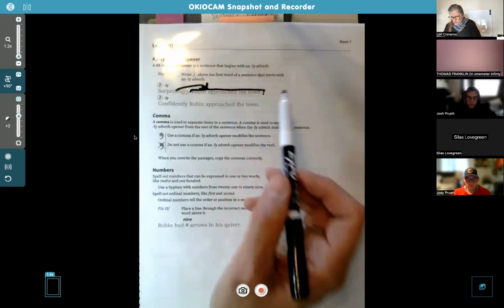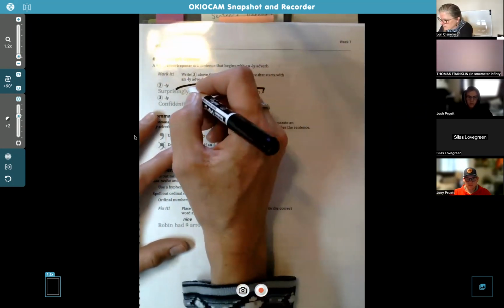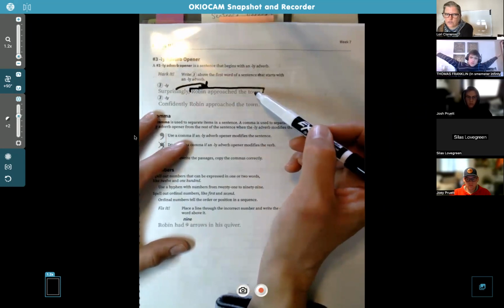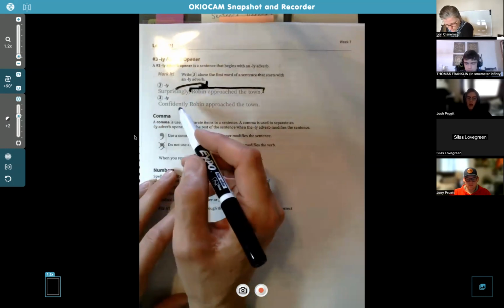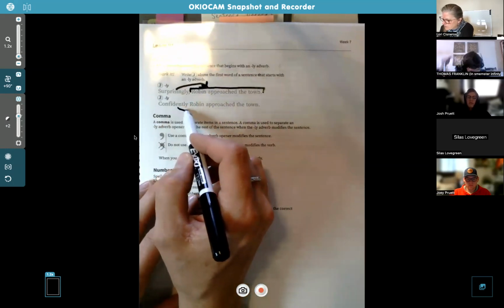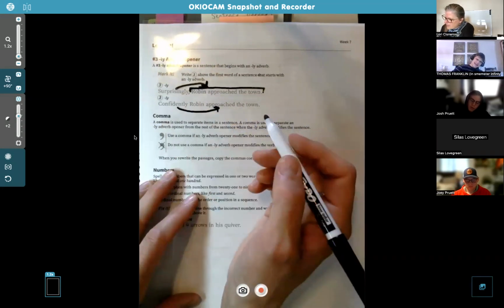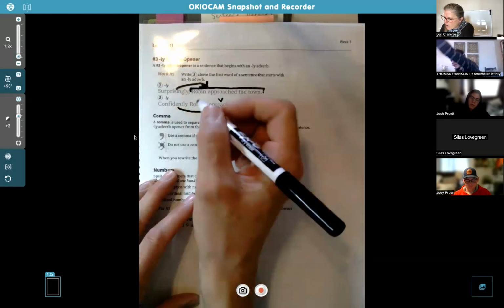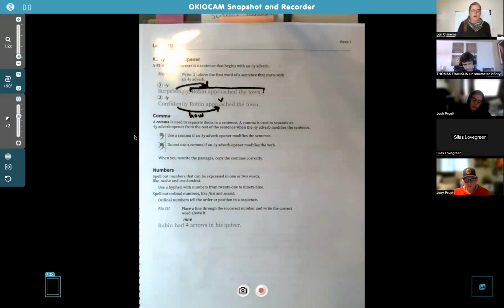So because it kind of modifies the whole sentence, the fact that Robin approached the town was surprising. Now on this one, I want you to draw an arrow from confidently to approached. And that is the verb. So we'll just label that one as the verb there. So it's telling how, go ahead and write that word how here. How he approached. So it's modifying the verb only, not the rest of the sentence.